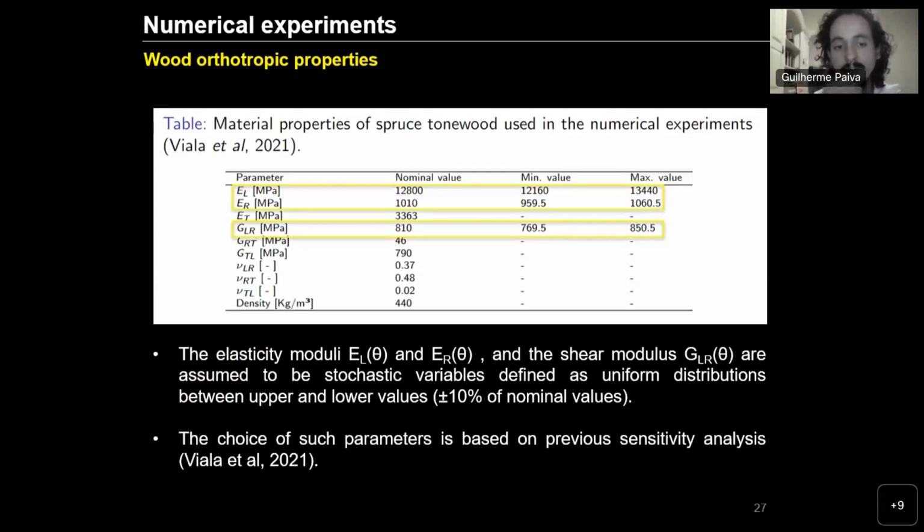These limits are calculated by considering plus and minus 10% of the nominal value, which are shown here. And why did I choose only these 3 properties? This choice is based on a previous sensitivity analysis presented by Viola and co-authors, which showed that the most influential parameters on the dynamic behavior of a spruce tonewood plate are these 3 parameters. So we consider just the uncertainties of these 3 parameters.